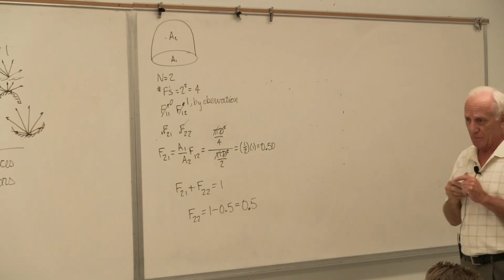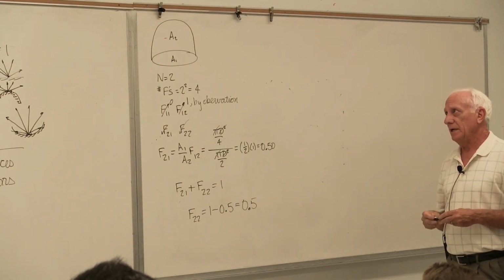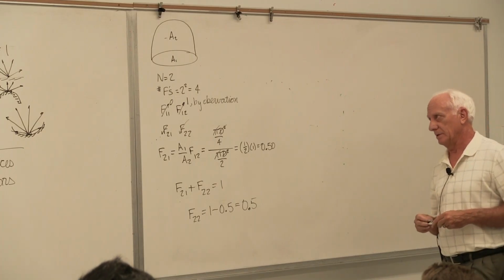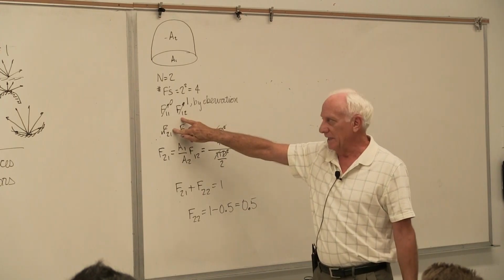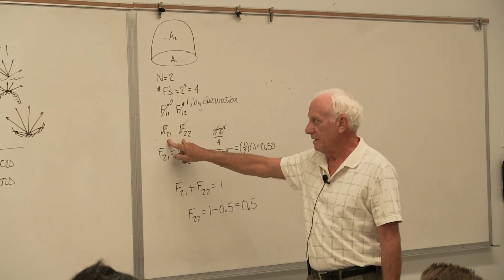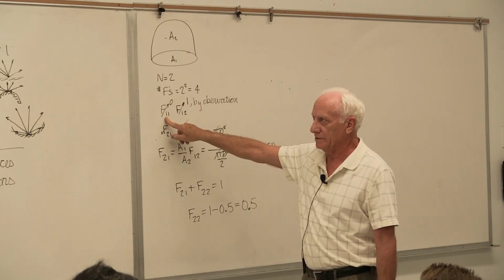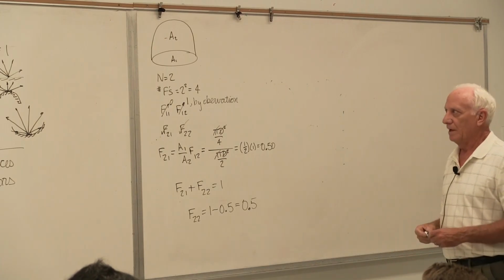There's no place else to go but A2. 100% of what leaves surface A1 ends up hitting A2 directly. Okay, by observation. Then we use reciprocity to relate those 2 guys. Then we use the enclosure law to relate those 2 guys. Then we use the definition of a plane surface, F11 is 0.